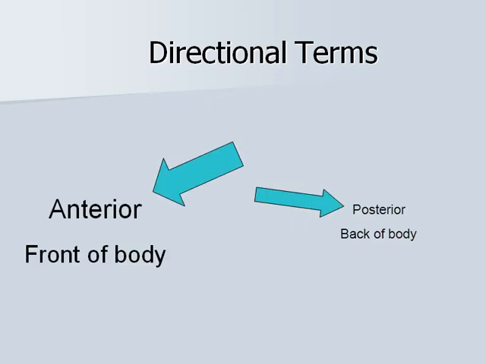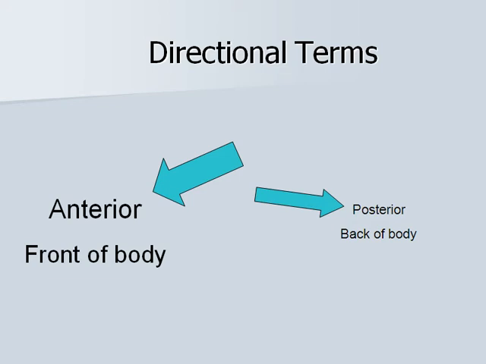Anterior and posterior, and you'll have to forgive me because I don't have three dimensions. That anterior arrow is supposed to be coming out at you, and the posterior arrow is supposed to be going back away from you. Anterior is the front of your body. Posterior is the back of your body. So, example, my eyes are anterior to the back of my head.